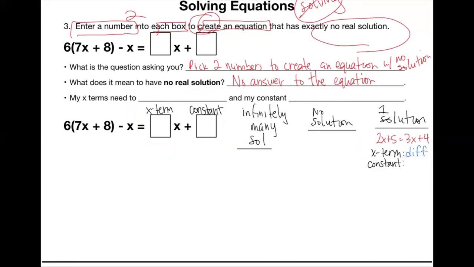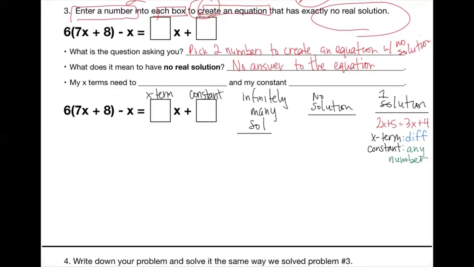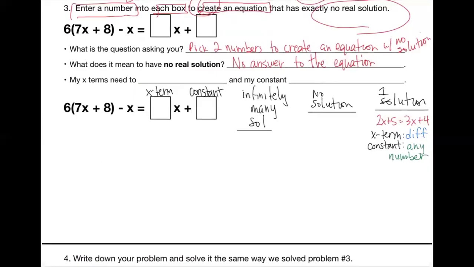The constant numbers here, they're different, but really they could be different or the same. It doesn't really matter. They could be any number. X term is going to be different. The constant one's going to be any. That will give me one solution.